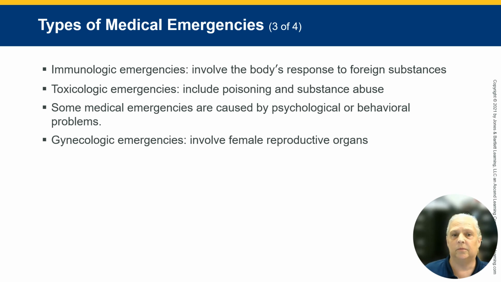Immunologic, we're talking about severe allergic reactions going into anaphylactic shock. Toxicologic is poisonings, substance abuse, overdoses. We've got our psychological and behavioral issues, and then we have our gynecologic, which involve the female reproductive system.